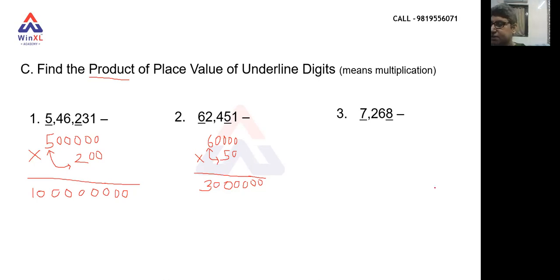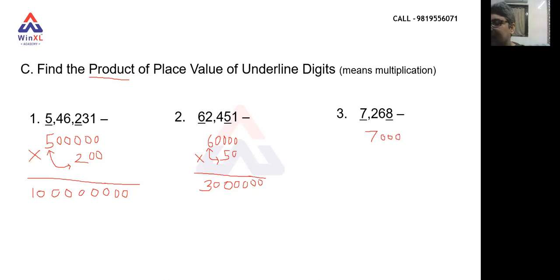Now solve this. So here we put 3 zeros in front of 7.